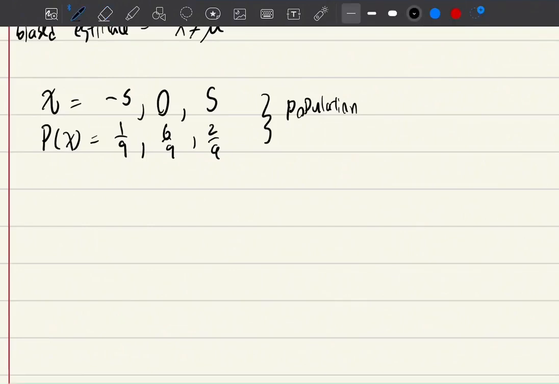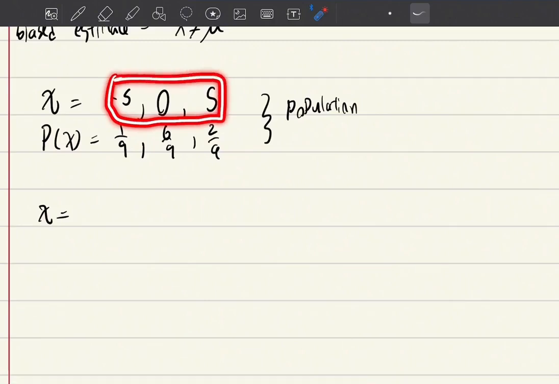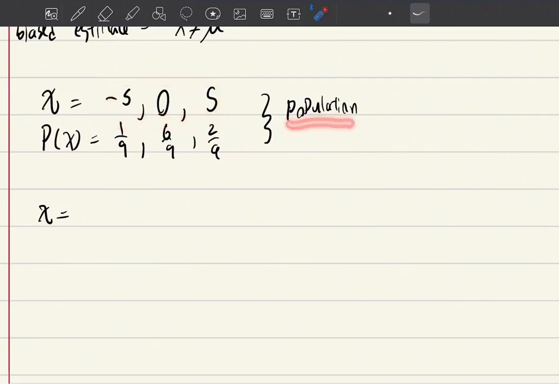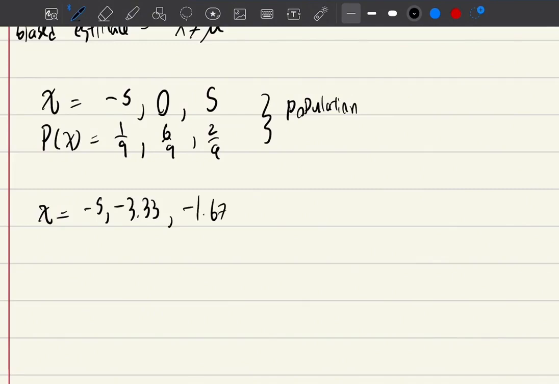And for the sample distribution, we have x equal to the same range as over here, because it's for the population, but we have to add some more, like negative 3.33, negative 1.67, 0, 1.67, 3.33, and then 5.